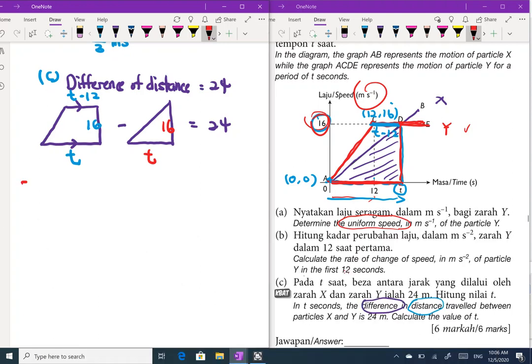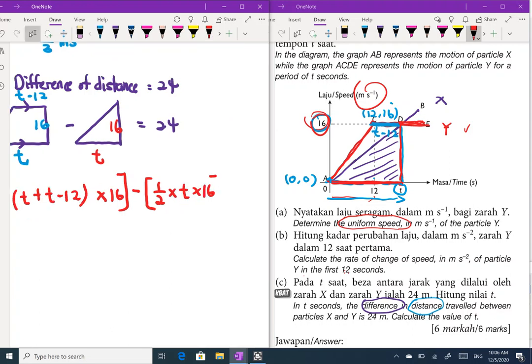It's 1 over 2 times the sum of parallel lines, t plus t minus 12, times 16, minus 1 over 2 times t times 16. So the difference is 24.